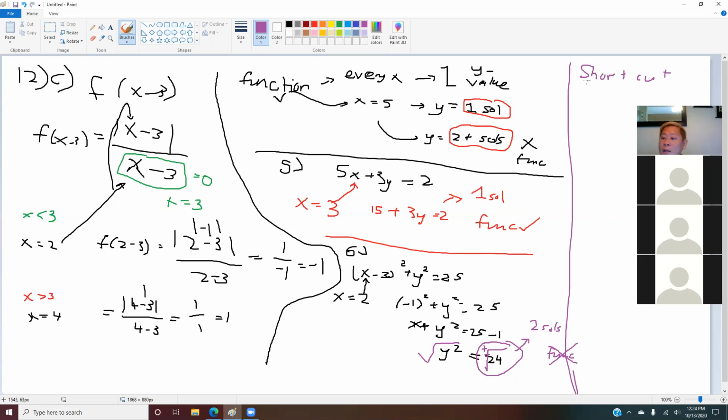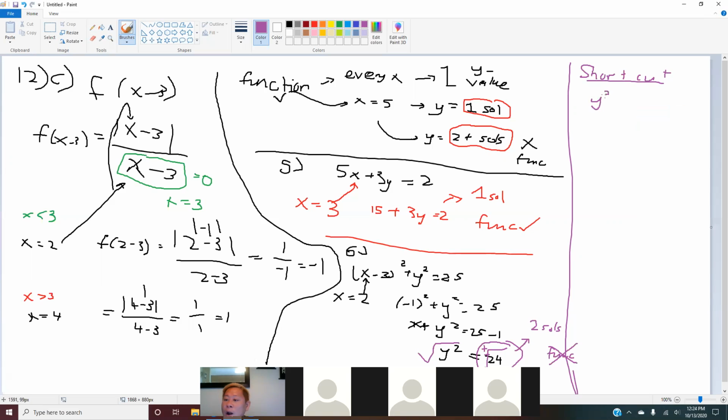If your y has a square, 4th, or any even power, then this is no longer a function. But if your y has an odd power, then this is a function.